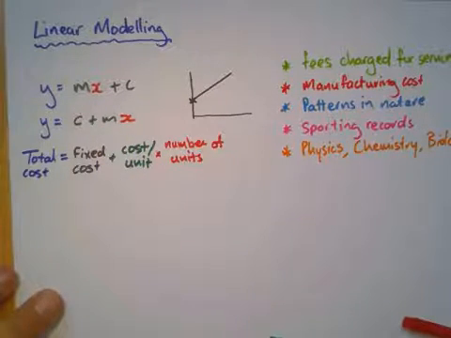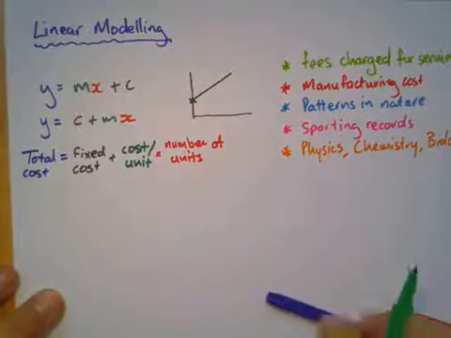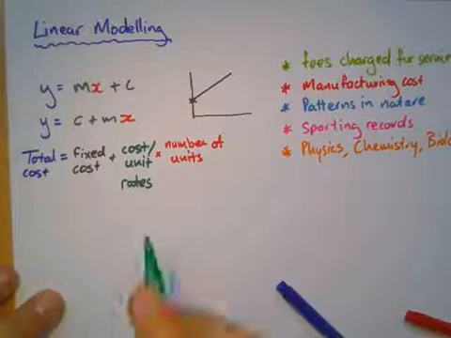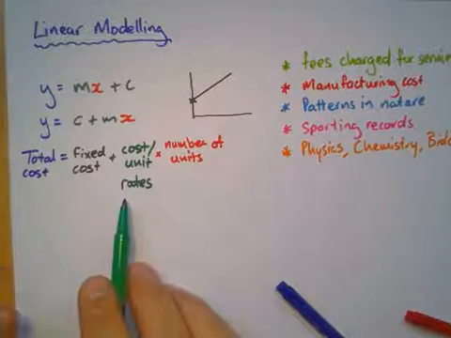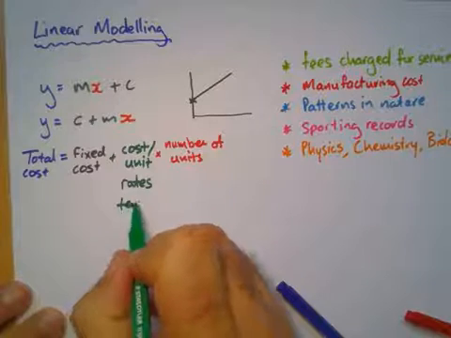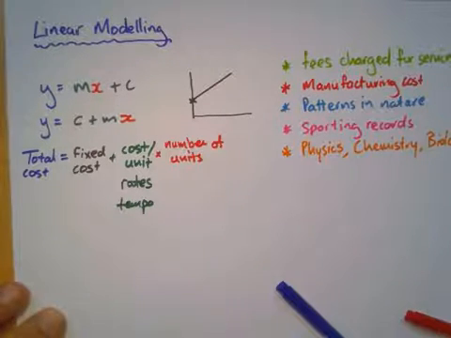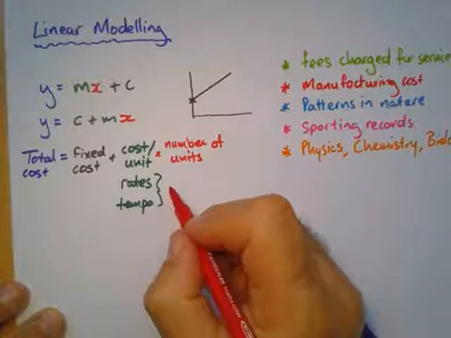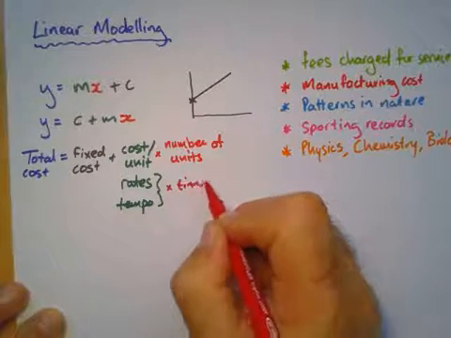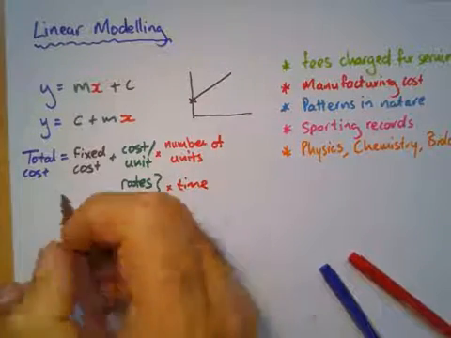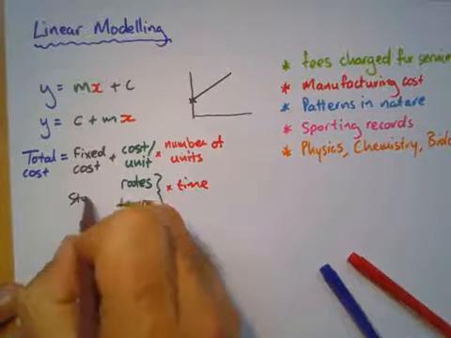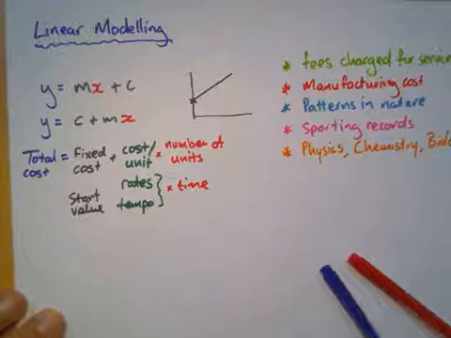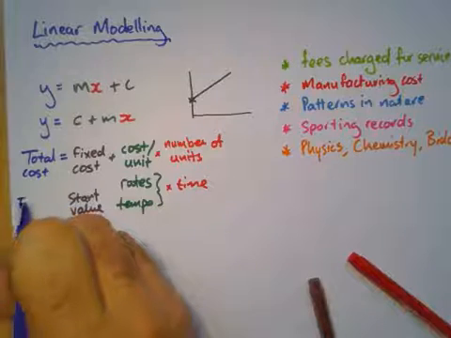So this m is either your cost per unit or it can also be rates, the rate or the tempo. And if we use these two, then x will not be the number of units, but the time. And this will be our starting value, and this will be our final value.